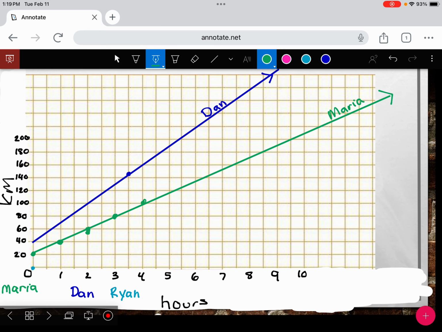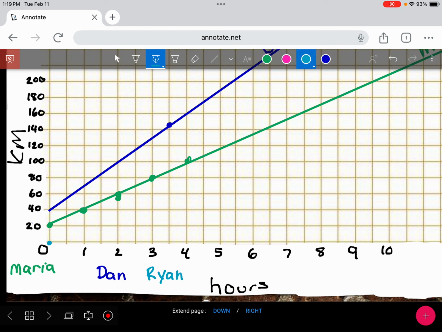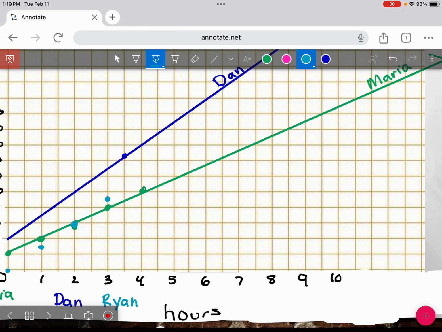When I started looking at Ryan's, because Ryan is going up 30 over 1, but my 1 is all the way over here. Up 30 over 1, up 30 over 1, up 30 over 1.